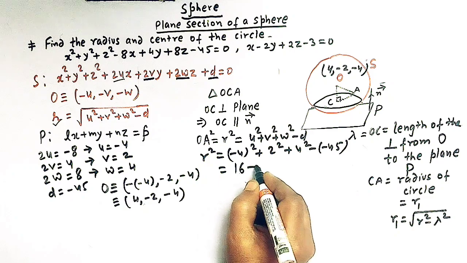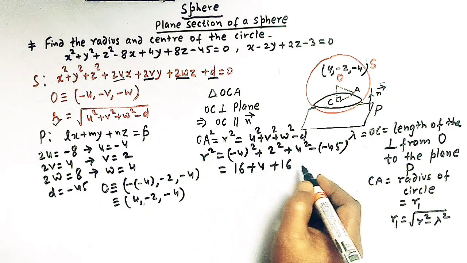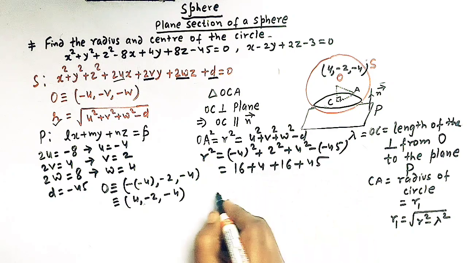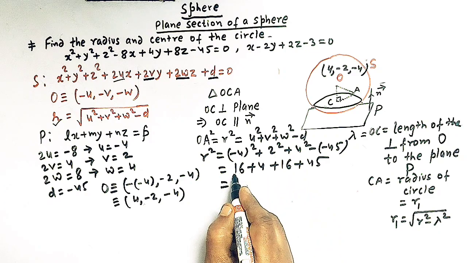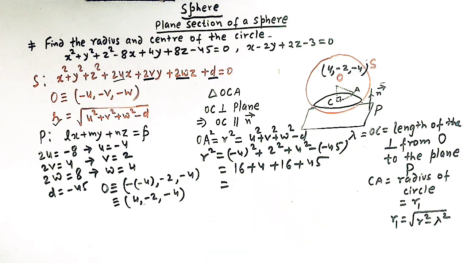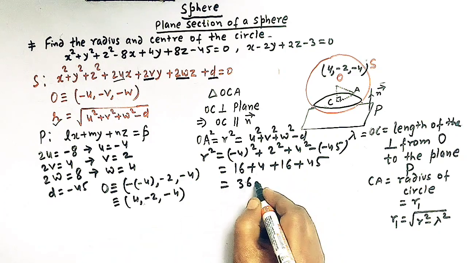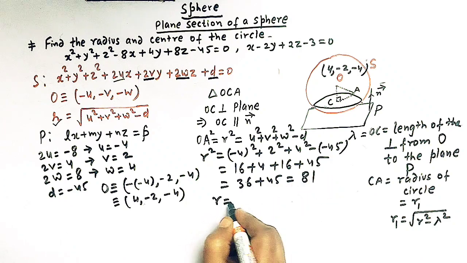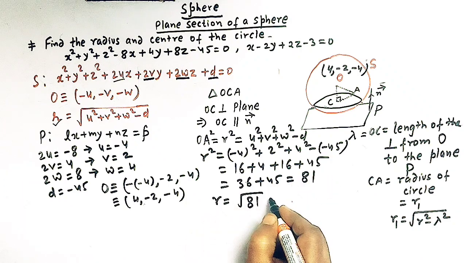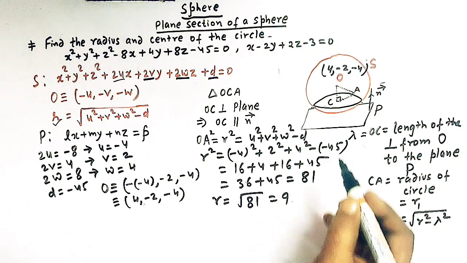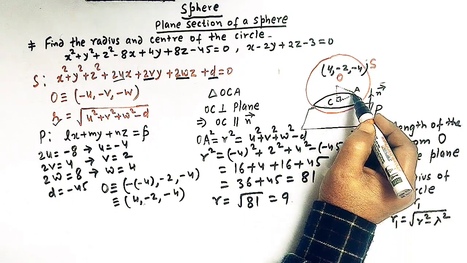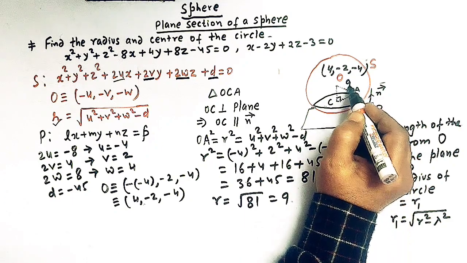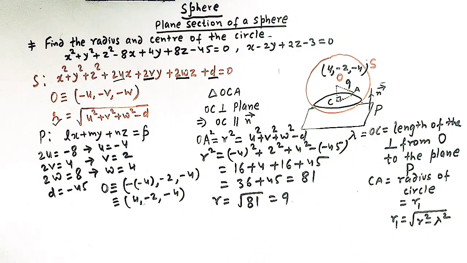So this is 16, 4, 16, and 45. So this is 32 plus 4, that is 36, plus 45, so this is 81. So r is square root of 81, that is 9, right? So the radius of the sphere S is given by 9 units.